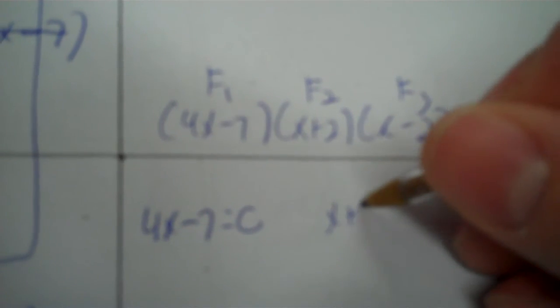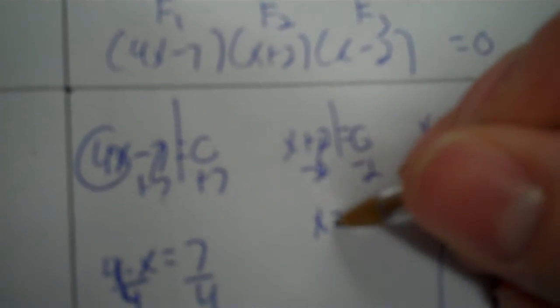So you have x, 2, 2. So we line those up alongside the 4x minus 7, and we're good to solve. So F1, F2, F3. 4x minus 7 equals 0, x plus 2 equals 0, x minus 2 equals 0.